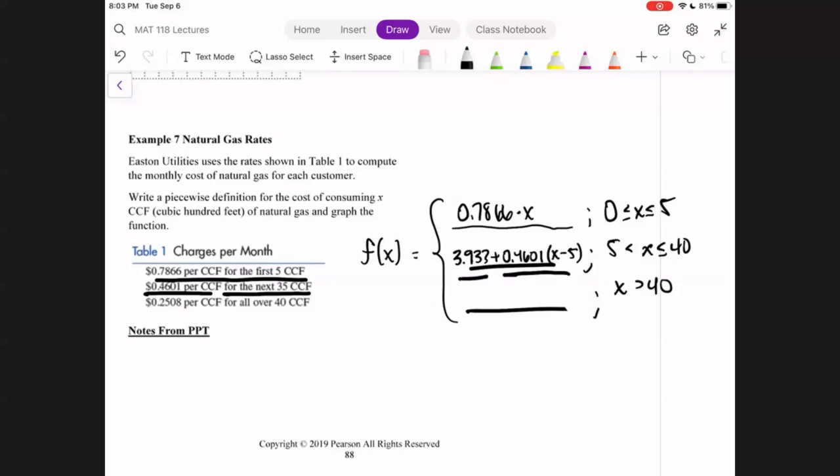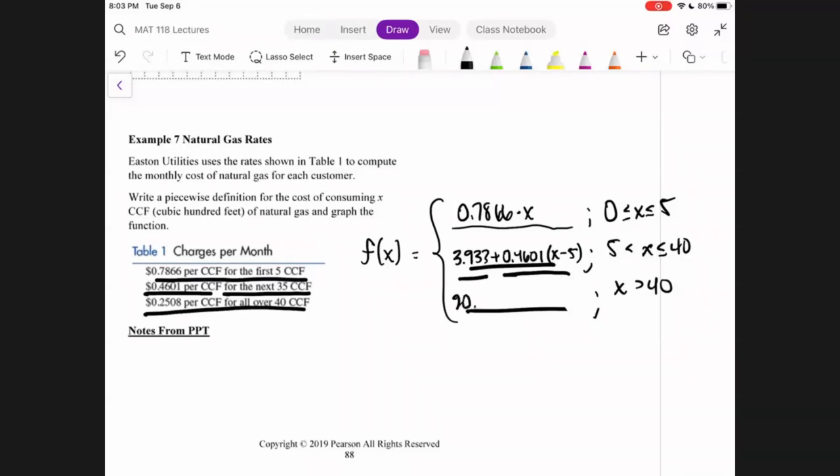And then last but not least, I'm going to do something similar for the last part here. How much have I already paid for if I'm at 40? Well, 5 was at the first rate, and then 35 was at the second rate, so I need to figure out what that combo would be. So it's very similar to tax brackets. It might be hard to wrap your mind around it at the beginning, or if you've never actually filed taxes, that can be confusing, let me tell you.